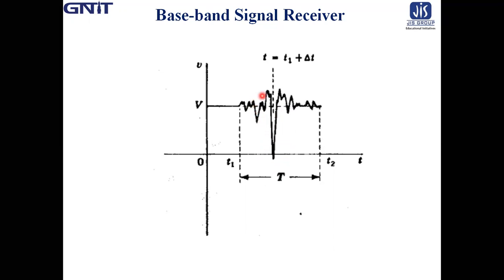Again, I am repeating this important point: suppose at the sampling time, noise is of magnitude larger than V and has the opposite polarity. Then, based on our decision rule, because the sample is negative, we conclude that minus V was transmitted. Now in this case, an error will be made.